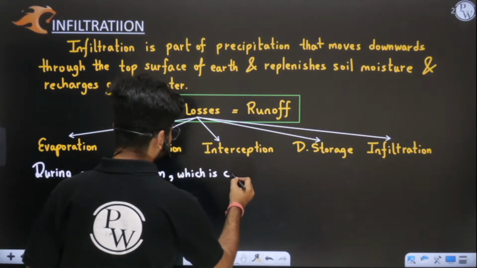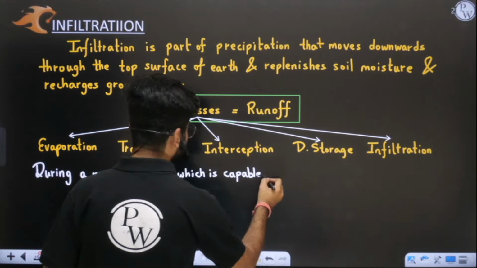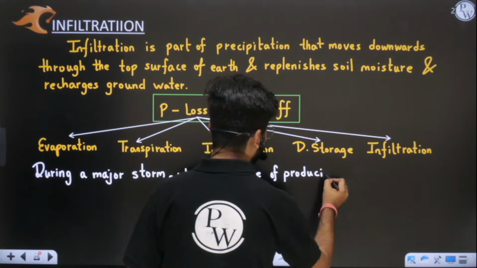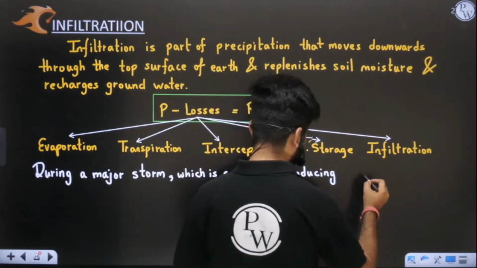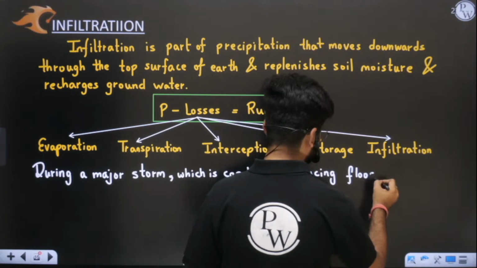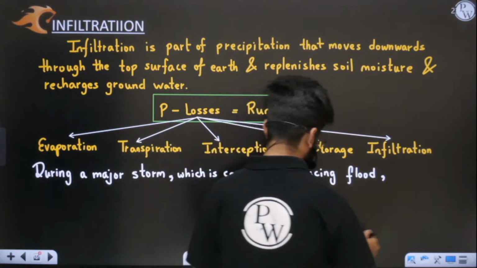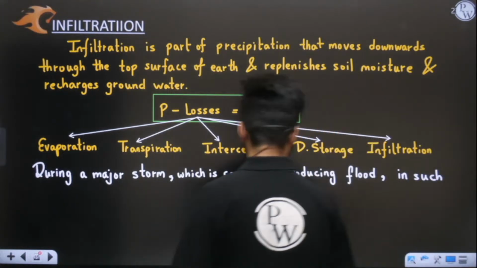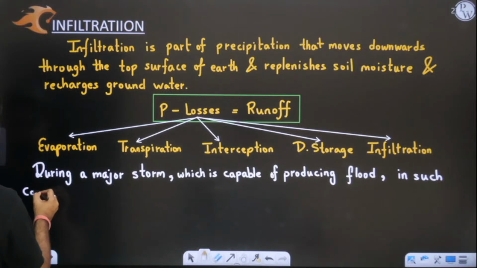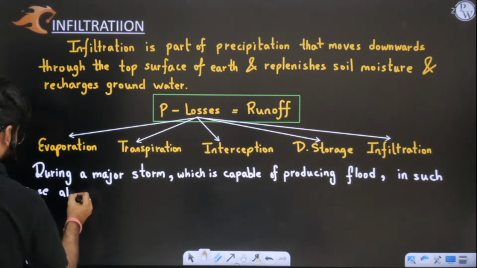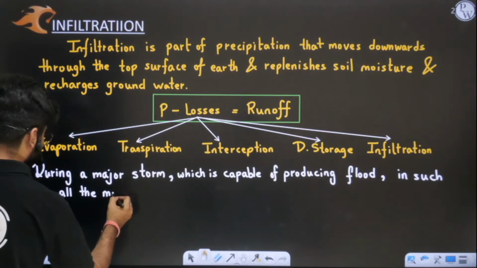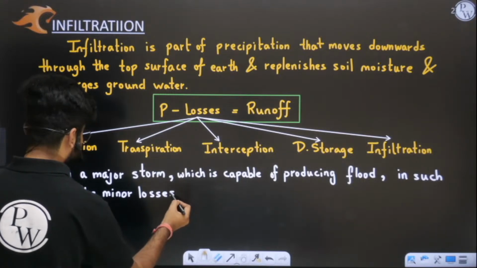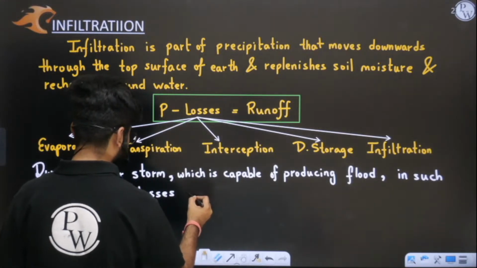So I will write: during a major storm, which is capable of producing flood, in such case, all the minor losses are negligible.